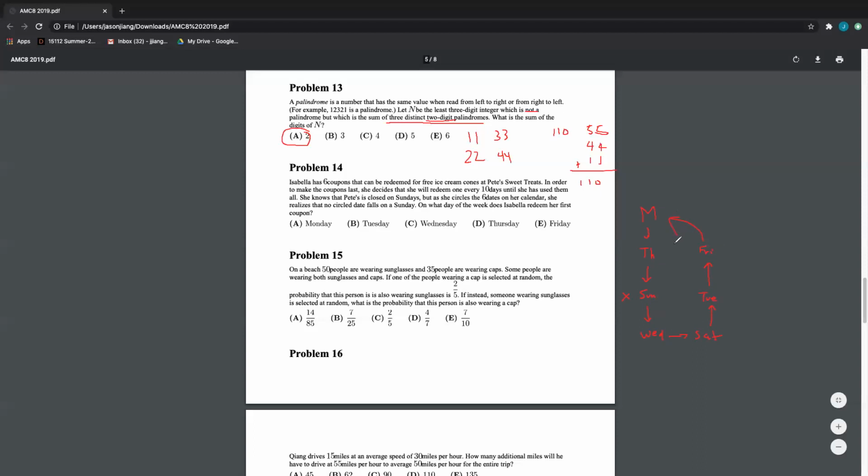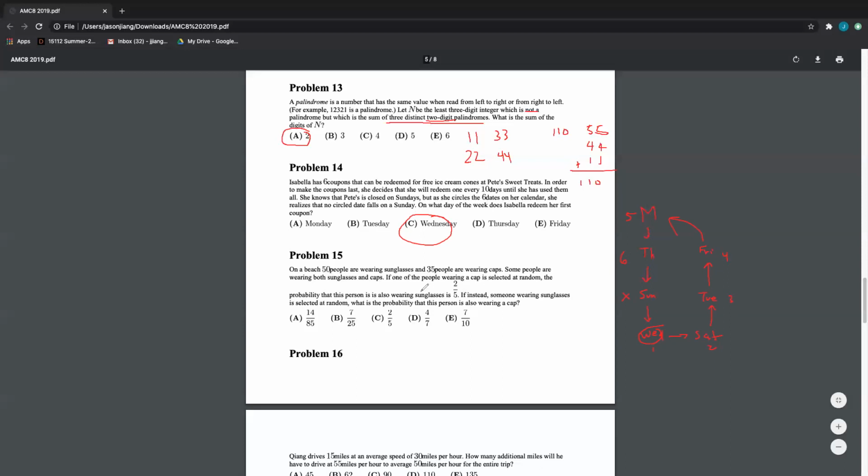So if we think about which one of these days we have to start on so we don't have a Sunday, it has to be Wednesday. That way we can go 1, 2, 3, 4, 5, and 6. So our answer is Wednesday. Cool. Let's keep going.